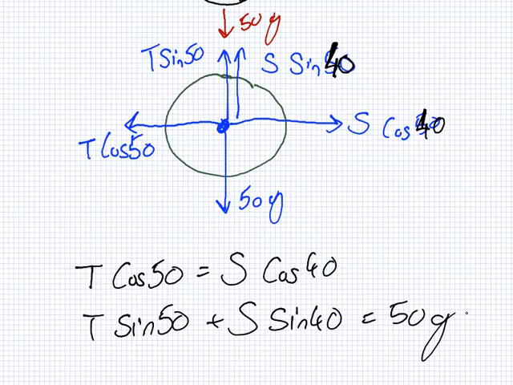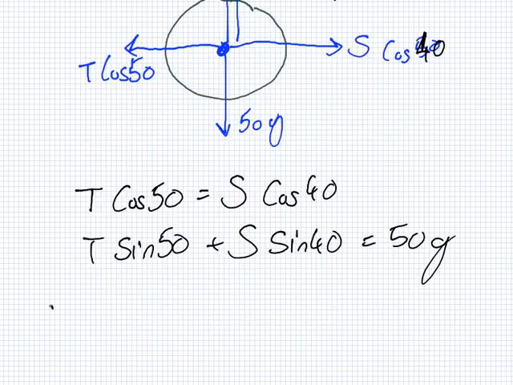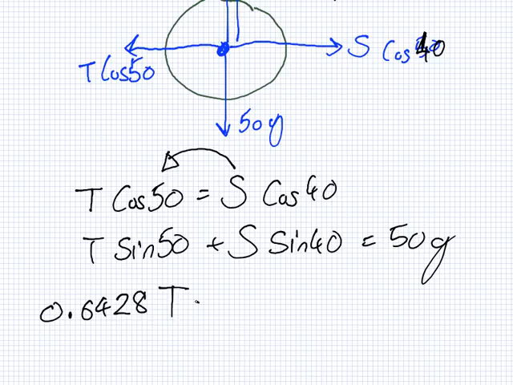So cos 50 is 0.6428 T. Now, what I'm doing is taking this to the left, so that would be minus cos 40, 0.7660 S equals 0.